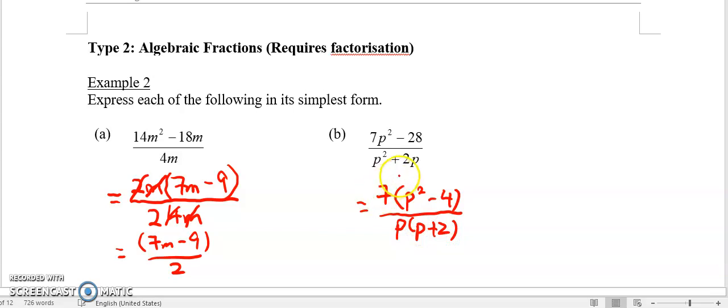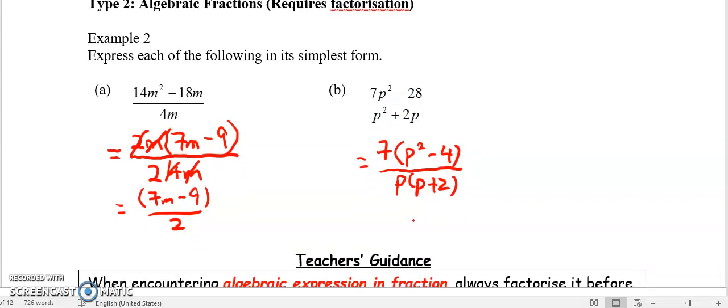Once we reach this step, you will realize, top and bottom, there's nothing to cancel. But if you can recall your algebraic identities, 7 times p squared minus 4, this one is a form of identities, a squared minus b squared. 4 is your b squared, which is 2 squared.